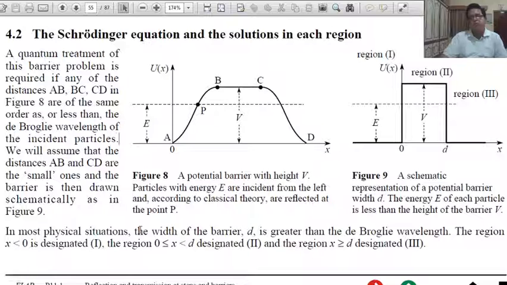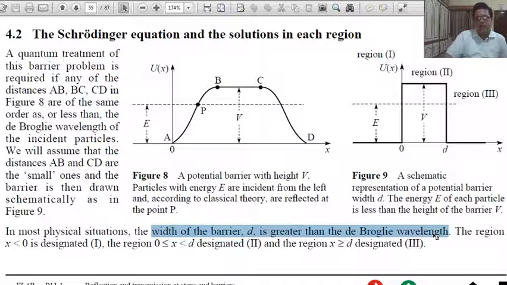In most physical situations, the barrier width D, from 0 to D, is greater than the de Broglie wavelength. This is the physical requirement of the problem.